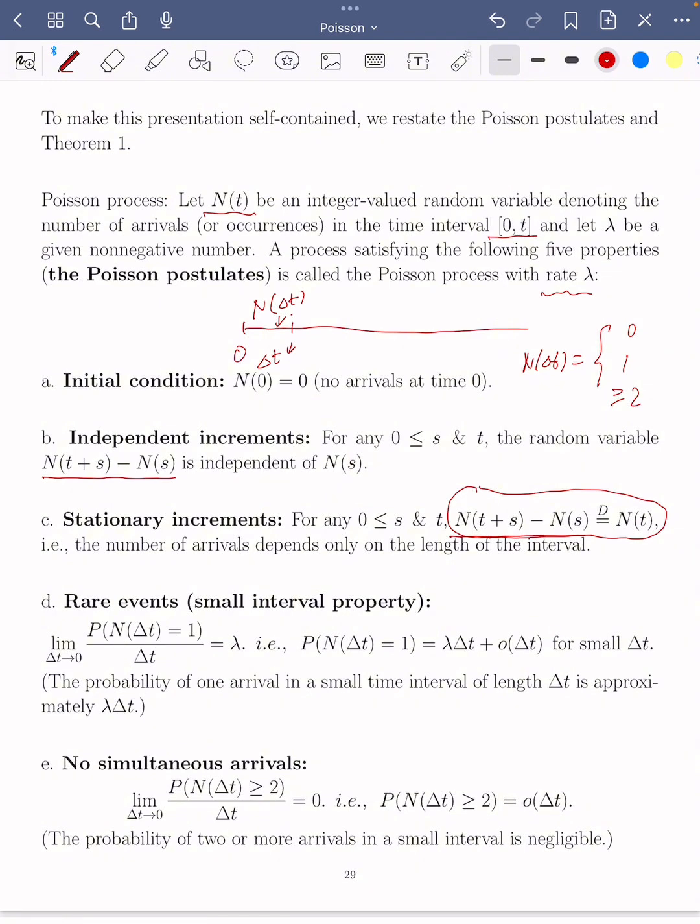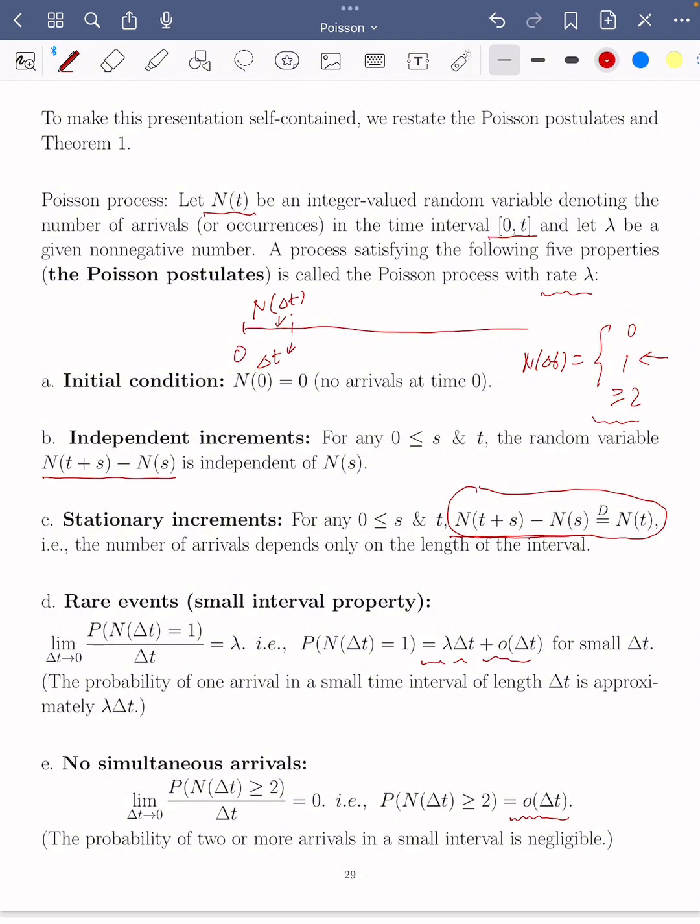So the chance that N(delta t) is equal to 1 is about equal to lambda times delta t plus a little o(delta t). So this is the so-called rare events property. And also the chance that there are multiple arrivals in this time interval is negligible, which is equal to little o(delta t). So any process satisfying these five conditions is the so-called Poisson process.